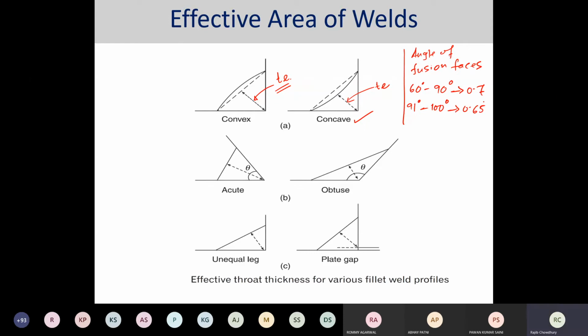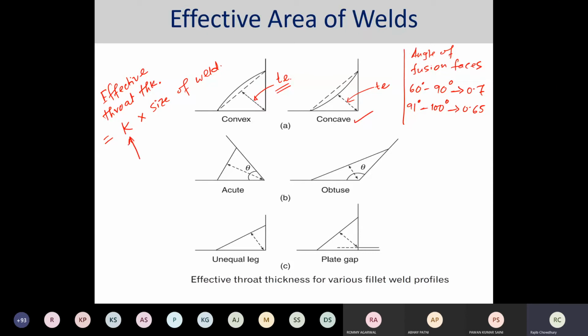So the effective throat thickness for any fillet weld in general is specified this way: K times the size of weld.